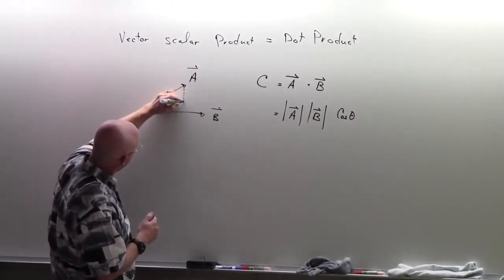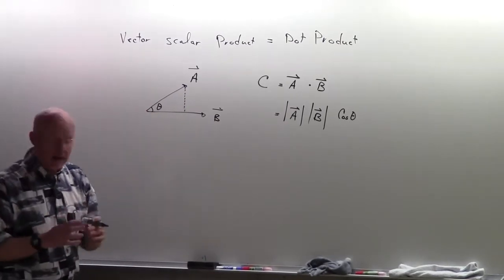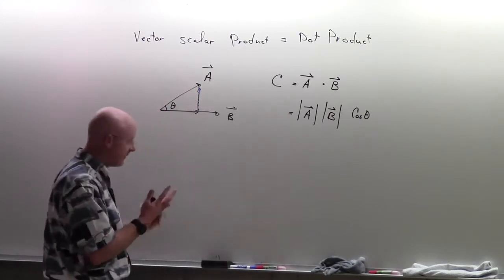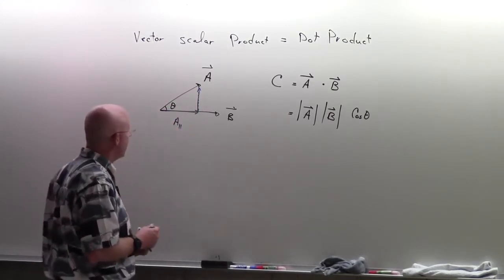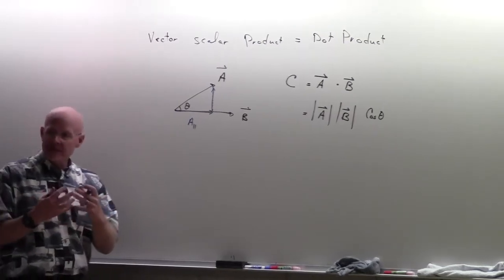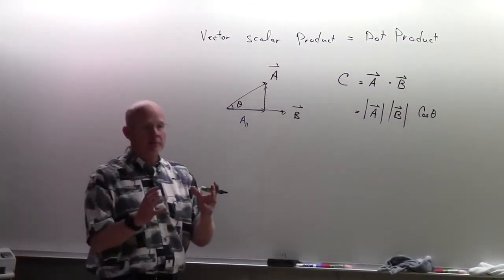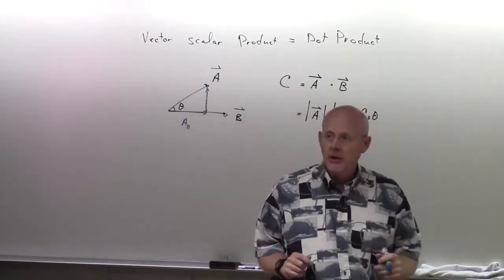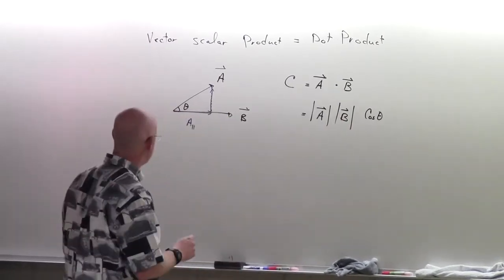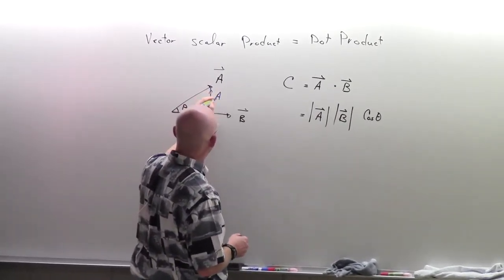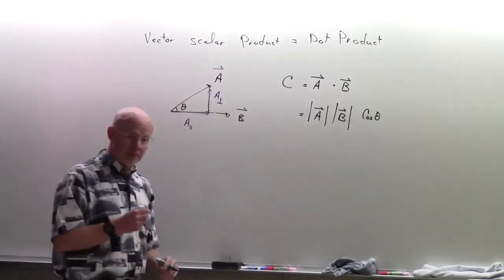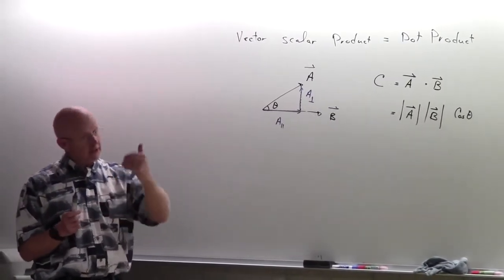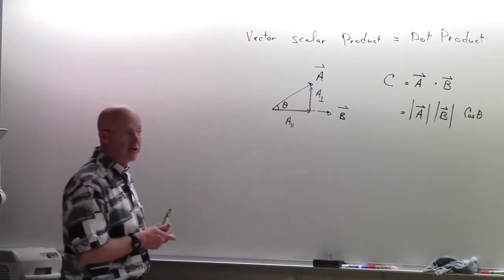Well, if you take vector A and look at it as made up of two pieces, oftentimes we label it as A parallel, meaning how much of A is parallel to B. In a math class, you might even have used the phrase the projection of A onto B. So how much of A is projected onto B? We could also talk about how much of A is perpendicular to B. That won't be important for this chapter, but in the future it will be. So I'll mention it now.